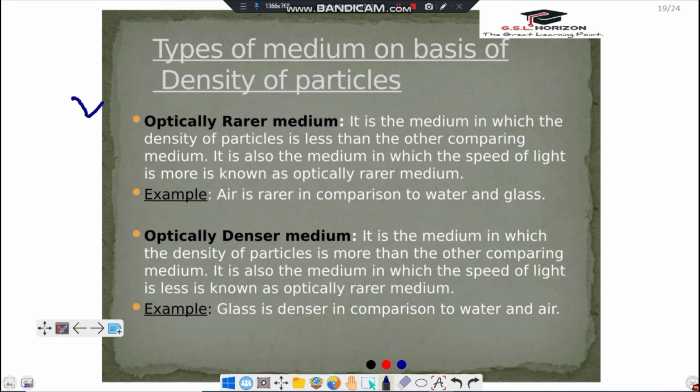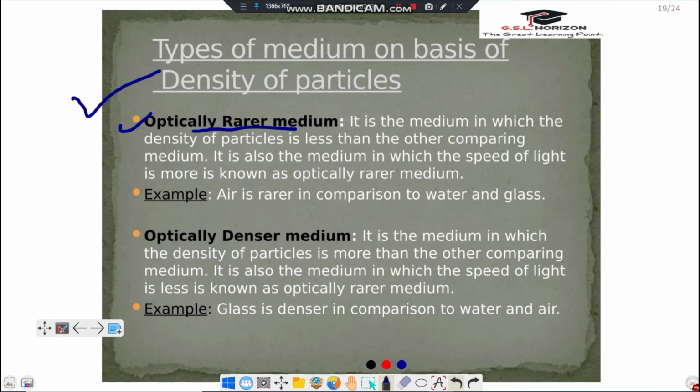Now comes to the next one. Types of medium on the basis of density of particles. So friends, comes to our first topic, optically rarer medium. It is the medium in which the density of particles is less than the other comparing medium.